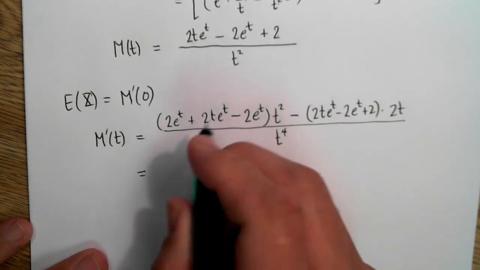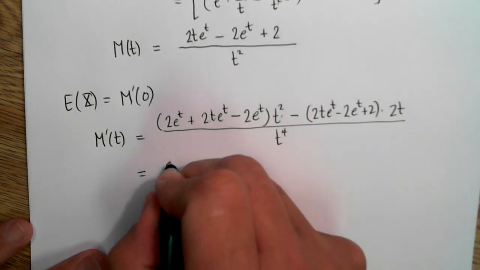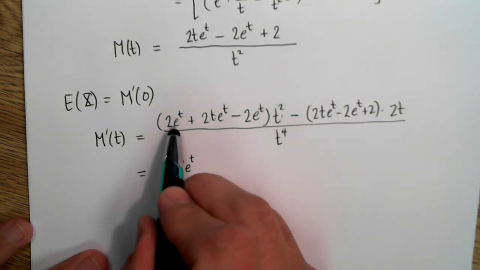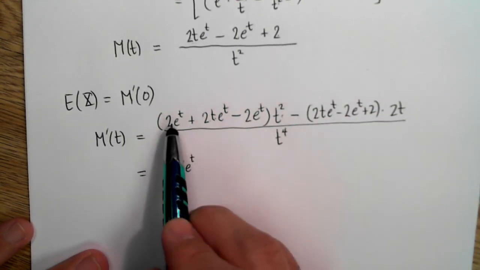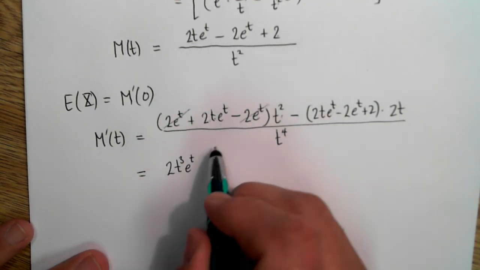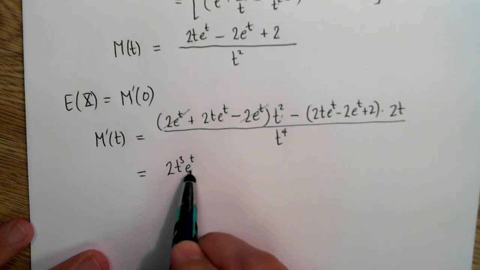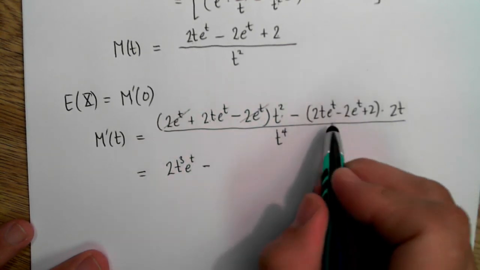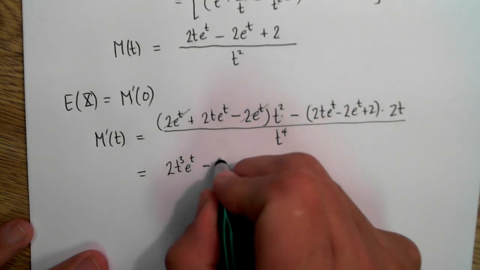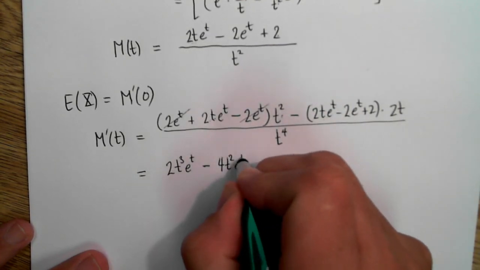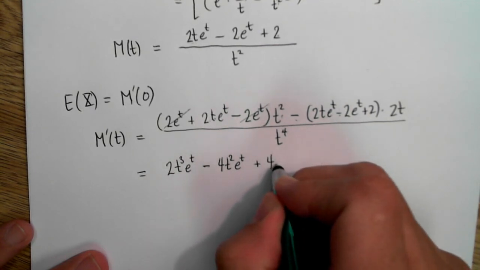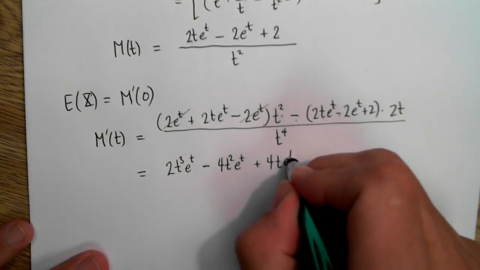So these two terms here, if I take the middle and the t squared, that's 2t cubed e to the t. Then here I have 2e to the t and minus 2e to the t. Those cancel. And so the first term just simply is this, minus. Okay, then I'm going to multiply all these by 2t. So I have 4t squared e to the t. Then minus a minus becomes plus 4t e to the t.